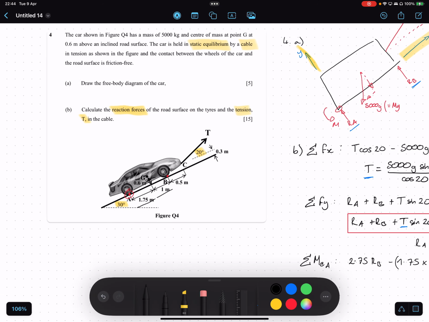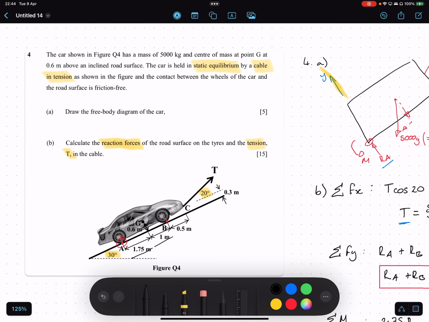Well, if we have a look at the question, we've been told, and we can have a look at the diagram, that we have the center of mass here sitting at point G, 0.6 meters above the inclined road surface.